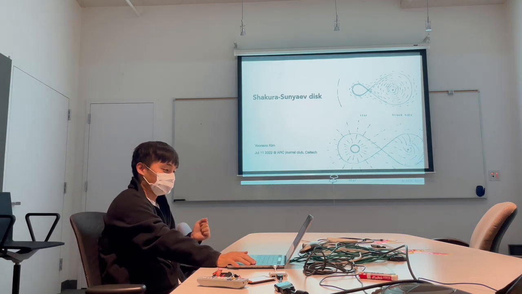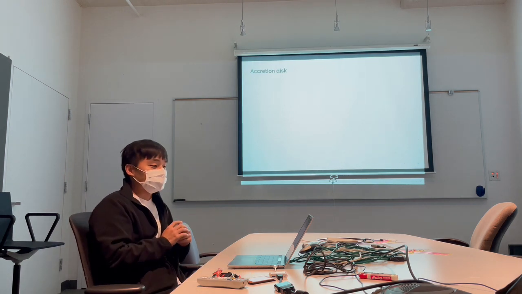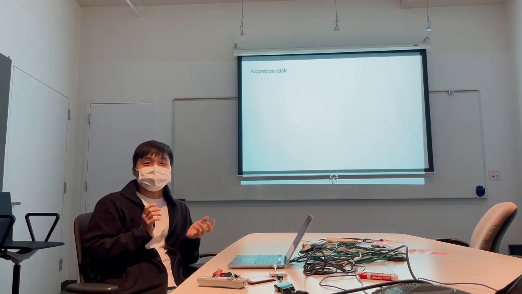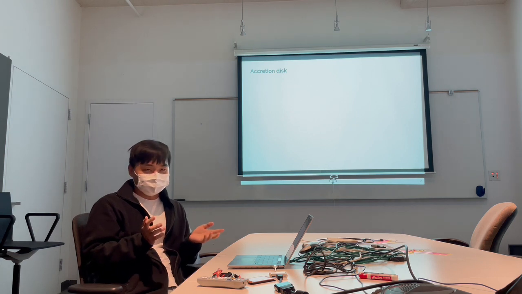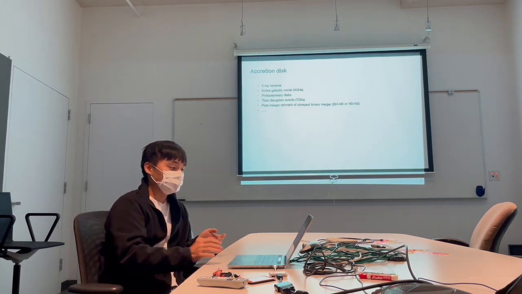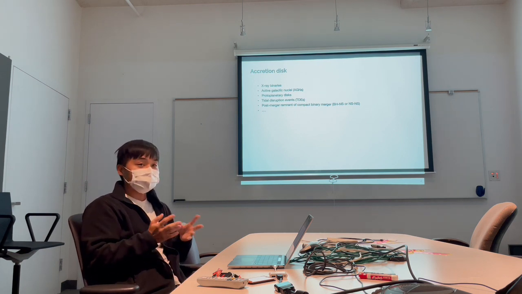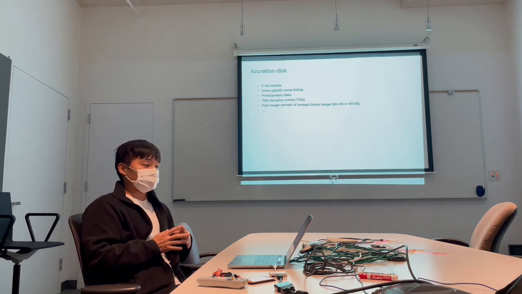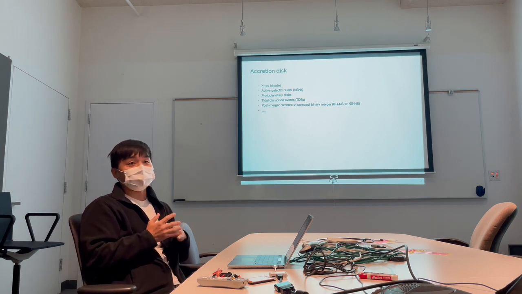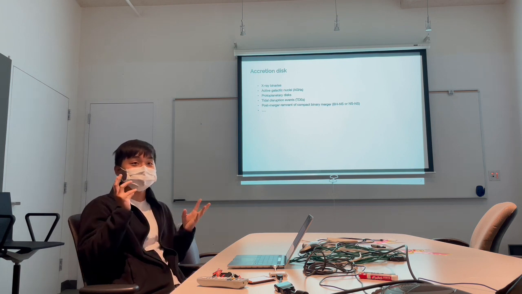First of all, can anyone tell where we can find accretion disks? I think pretty much everyone knows what an accretion disk is, right? We can see accretion disks in main sequence binaries or AGNs, which are supermassive black holes. Also, we can see disks in protoplanetary disks and tidal disruption events, where a star passes by the black hole and is disrupted by the tidal field of the black hole.